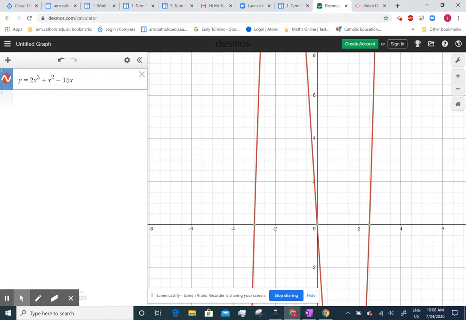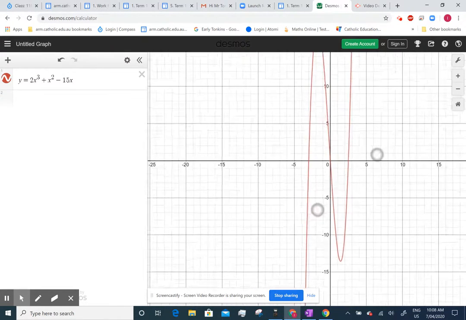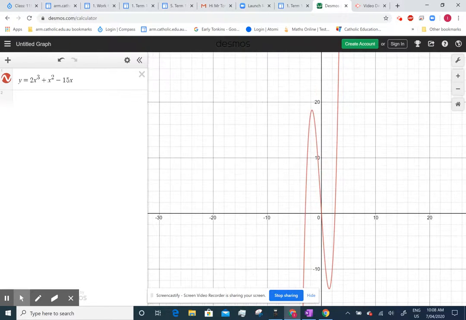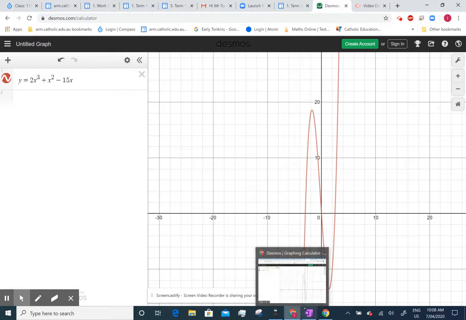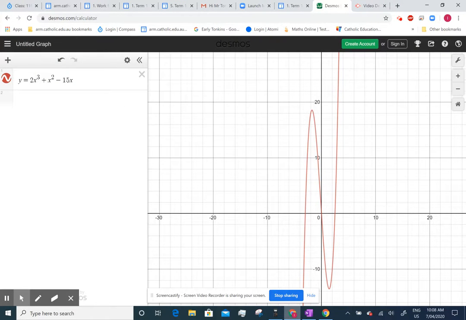And you can see that even though I have the same shape, it's a lot steeper. And if I look at the answers for question 12D, they've got the same.